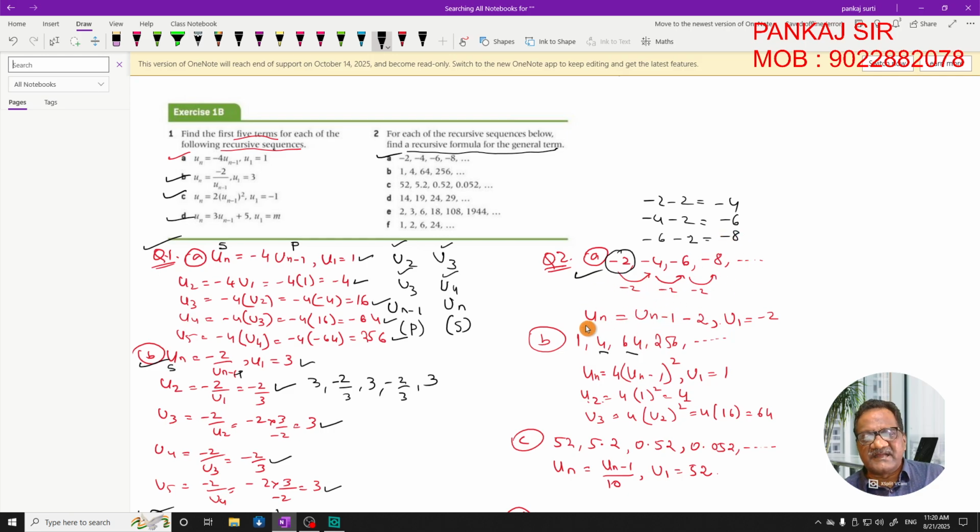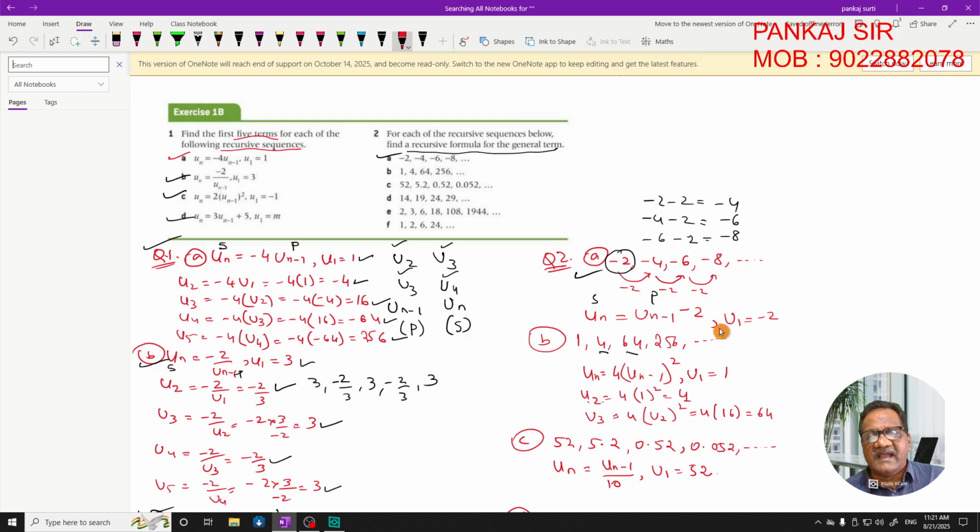So can you say that un, that is the successive term, will be equal to the previous term minus 2? Successive term un will be equal to previous term un minus 1 minus 2.